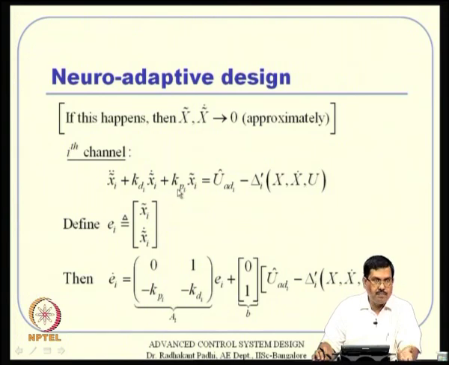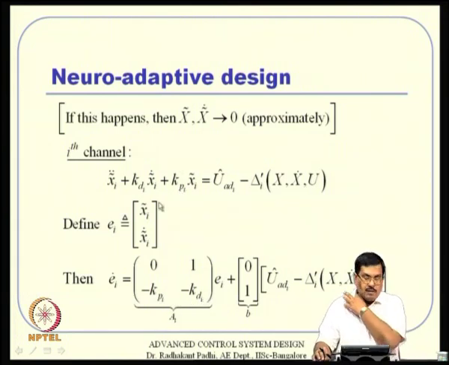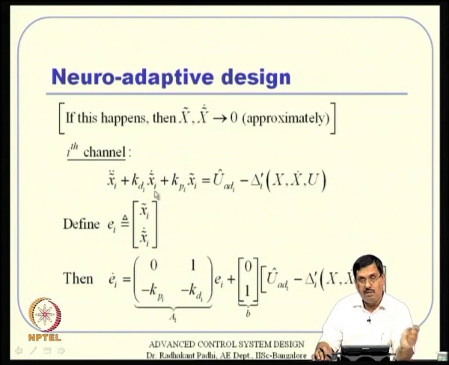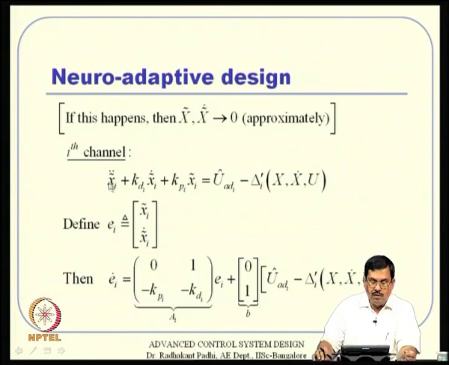The way you write this is in state space. The eigenvalue locations of this A_I matrix are nothing but the poles of this characteristic equation, which is the aerodynamics that we are selecting, and we will always select a good aerodynamics. That means the poles are always in the left half plane, so A_I is always Hurwitz. That is necessary down the line, and I will talk about that again.